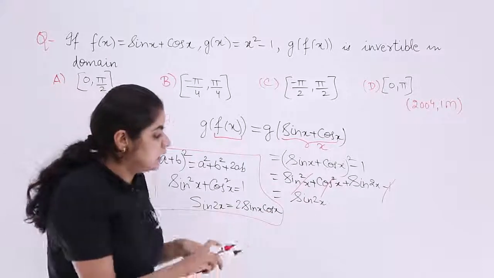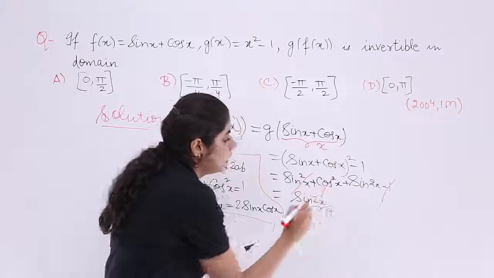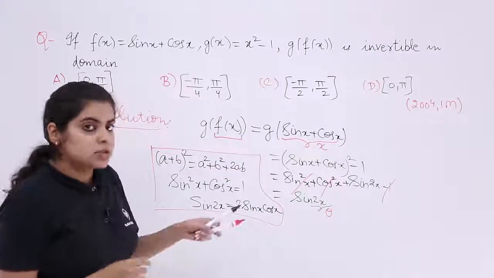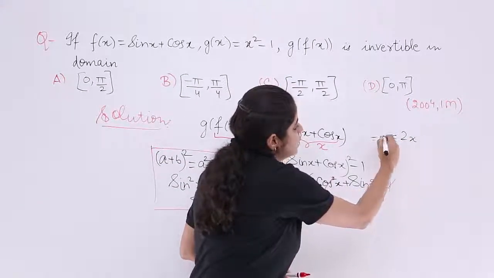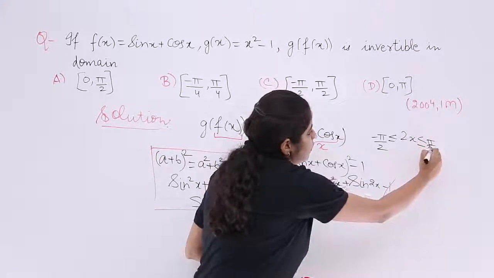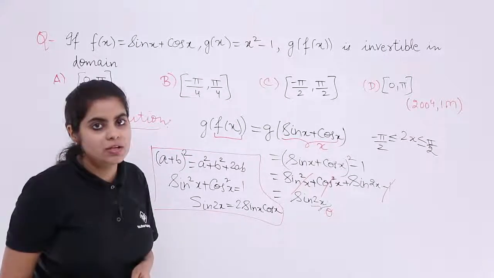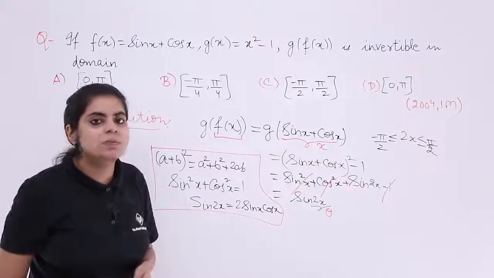So 2x is restricted between minus pi by 2 to pi by 2. I got this from the principal value branch that we studied in our previous concepts and videos.